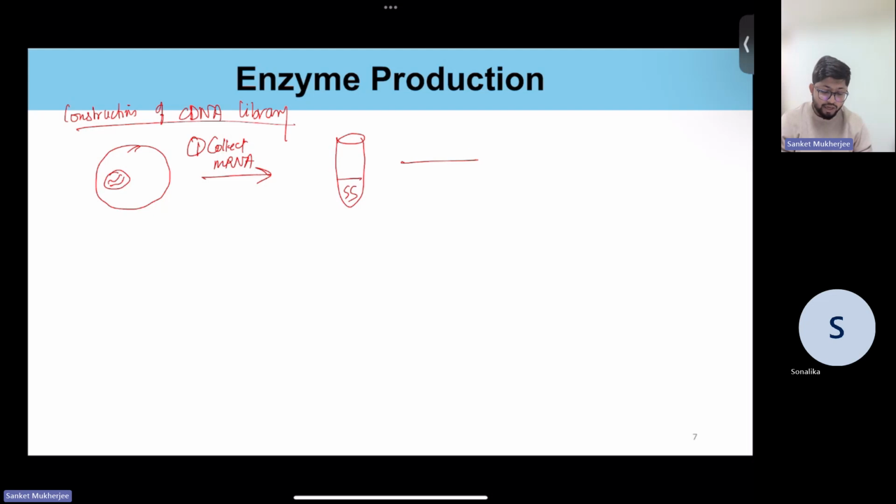Then once you have the mRNA, you can go for reverse transcription. You will get the cDNA duplexes. And then you will insert the cDNA into a bacterial plasmid.